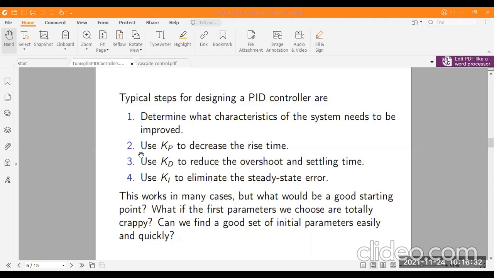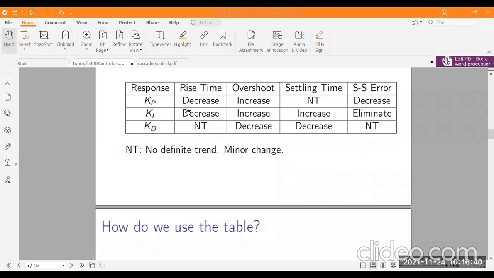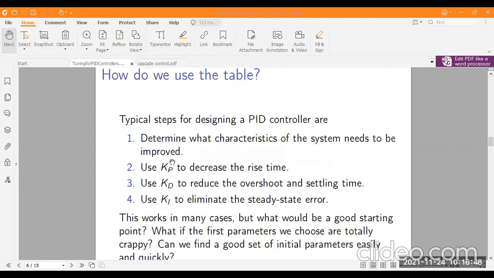Number two, use the proportional controller, Kp, to decrease the rise time. As we discussed in the table, with the proportional and integral controllers rise time decreases. Number three, use Kd.